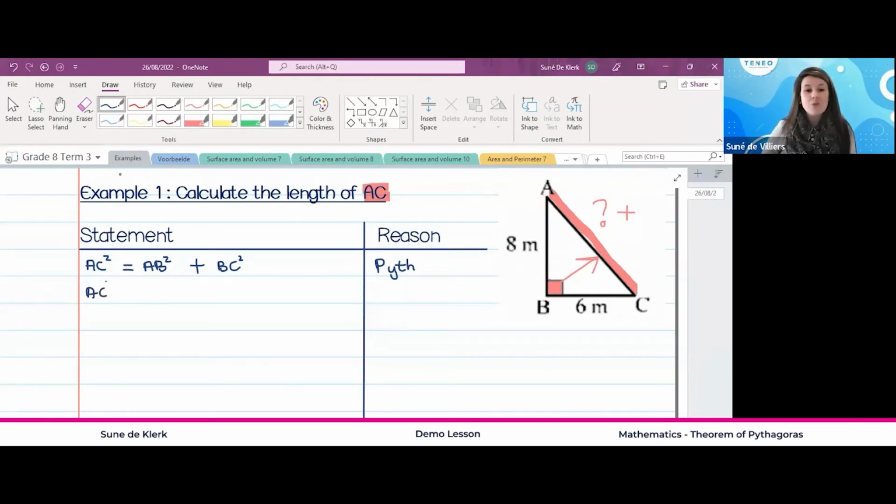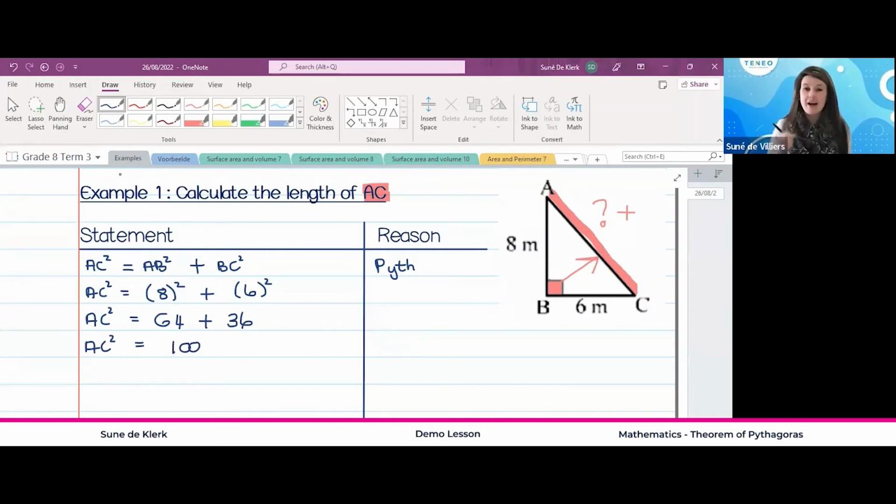So AC squared is the missing one, so we leave it like that. AB is 8 meters. We square that. BC is 6 meters and we square that. So AC squared is therefore equal to 64 plus 36. So AC squared is equal to 100.